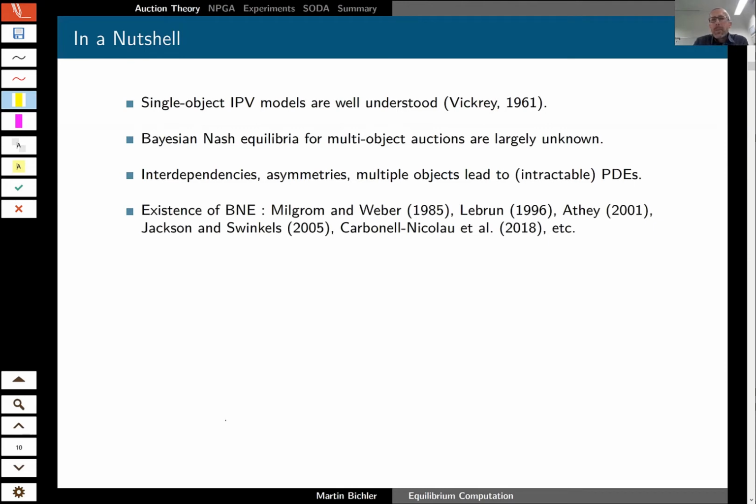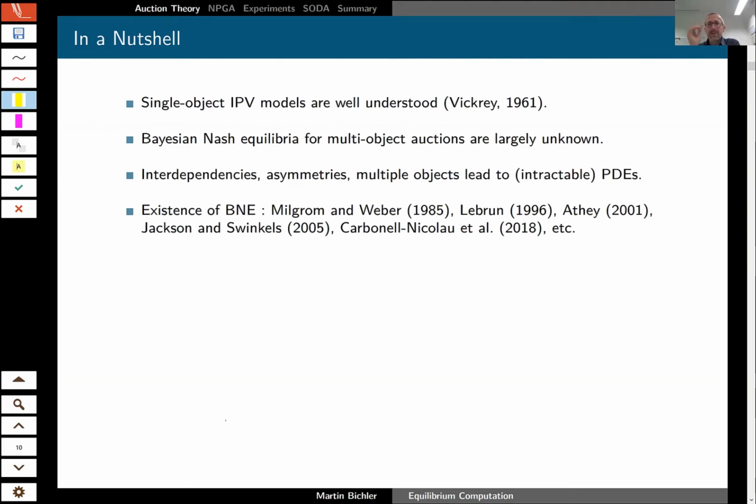So what do we know about existence at all, right? There is some general work by Milgrom and Weber. This was one of the early papers that looked into these types of equilibria, and they actually came up with distributional strategies, which is the mixed extension of a pure Bayes Nash equilibrium here. And that's something we will get back to a little later.